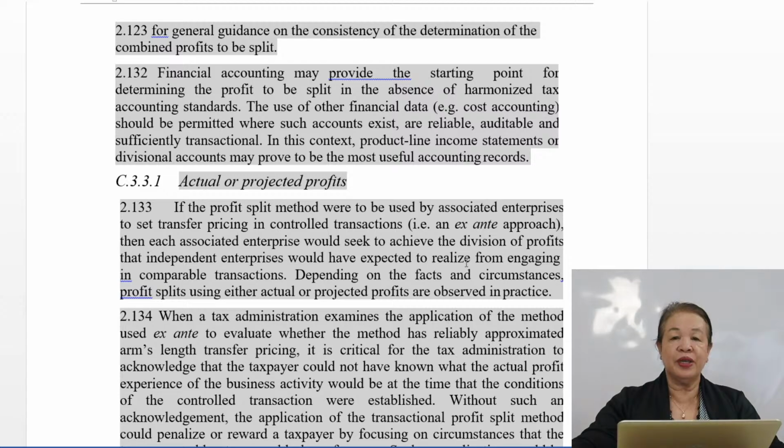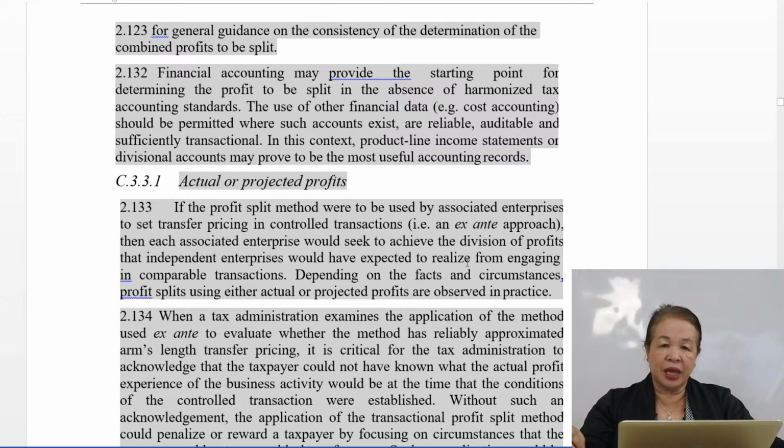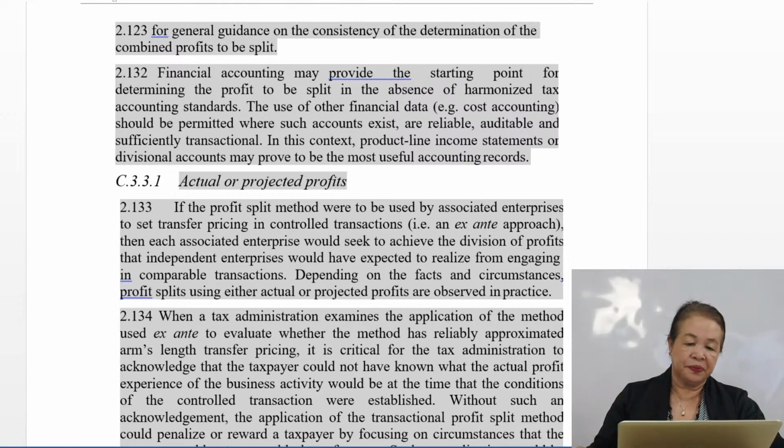So, ano ba yung pinag-usapan dito na profit that should be divided? The accounting profit, hindi yung taxable profit, no? Kasi merong mga type of expenses or items na hindi naman taxable, but included siya dapat doon sa pag-split ng profit, no? Actual or projected profits.